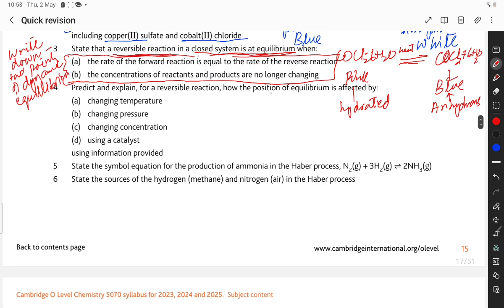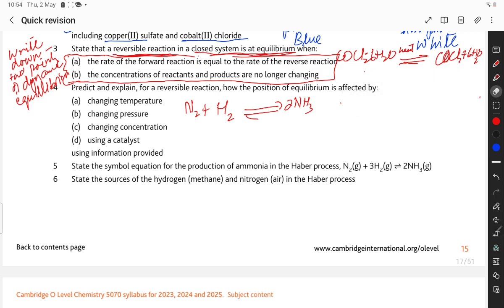Predict and explain, for a reversible reaction, how the position of equilibrium is affected by changing the temperature. If the reaction is N2 plus 3H2 forming 2NH3, this is a reversible reaction, and you know that here the delta H is negative. In this case, the forward reaction is exothermic and the backward reaction is endothermic.